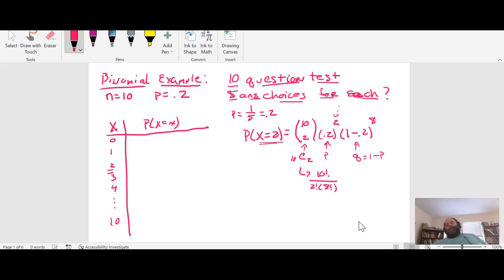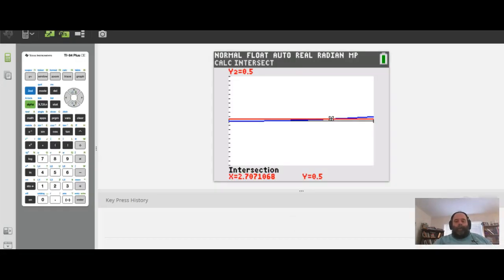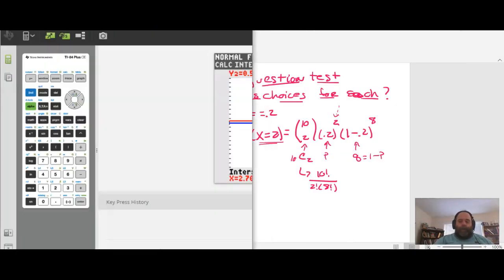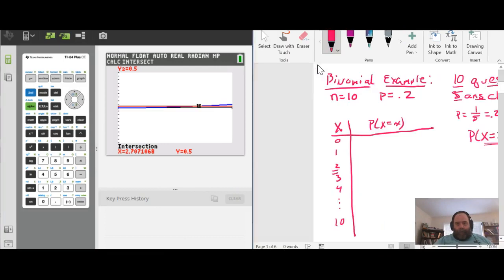If I was going to do this all the way out by hand, let's get my calculator out and put that next to it.